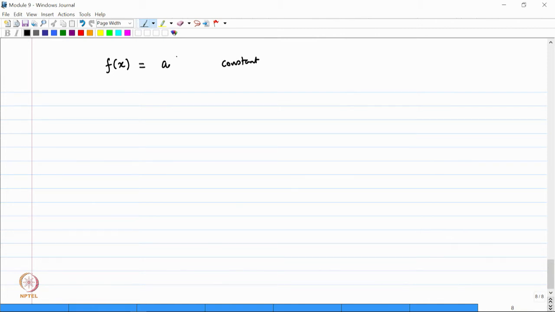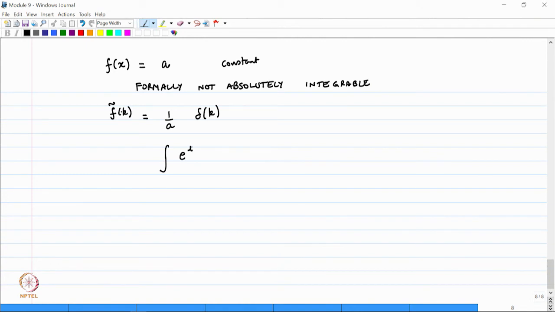Now formally this is not absolutely integrable, but nevertheless we define f tilde of k equal to delta of k.